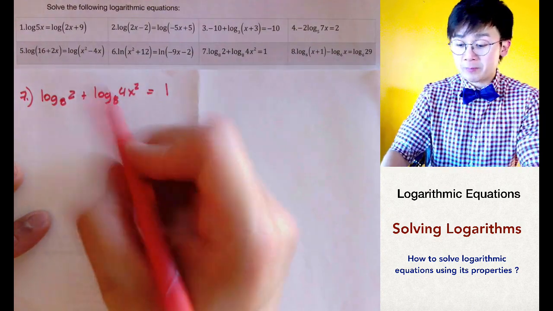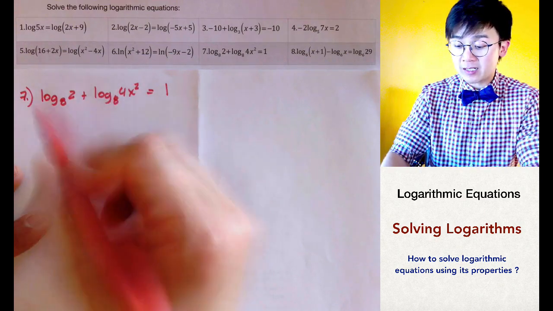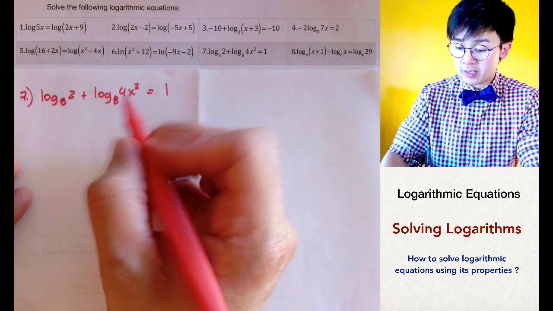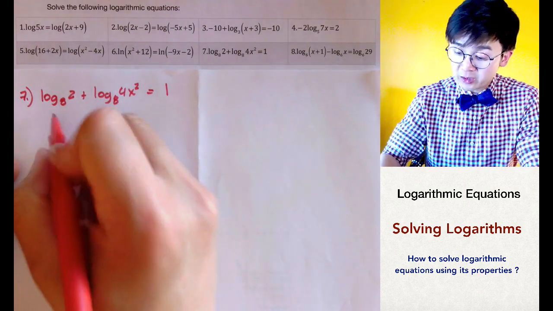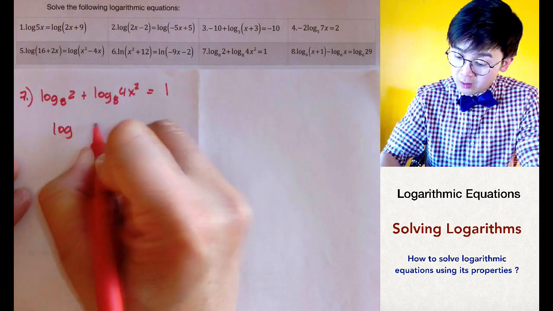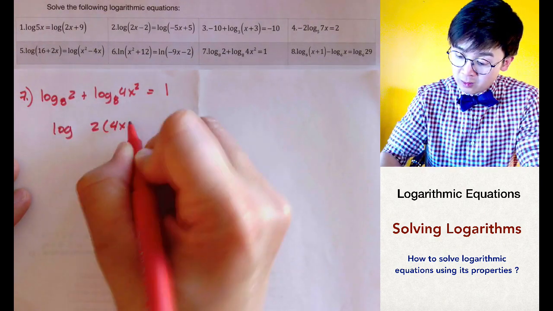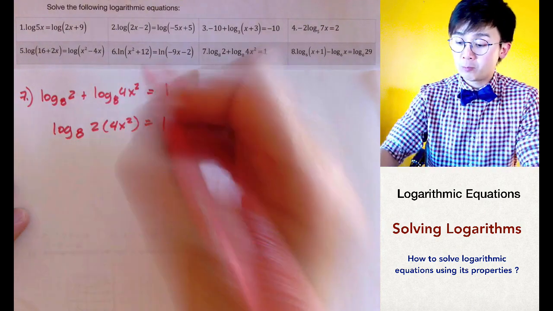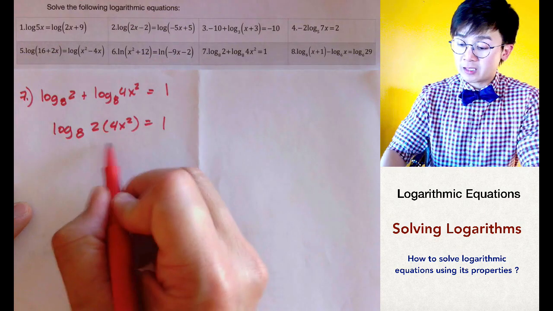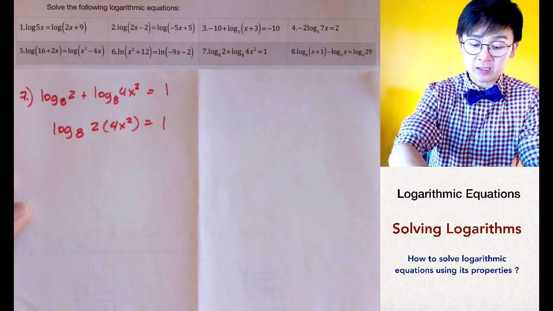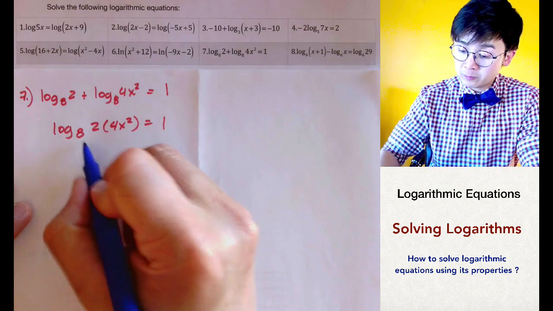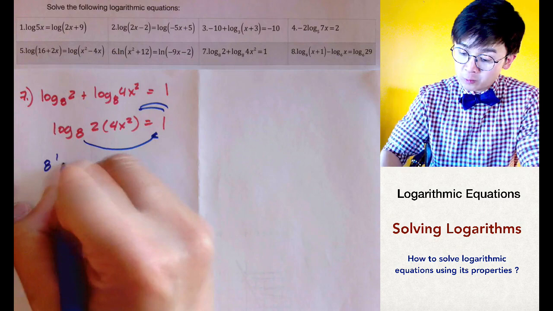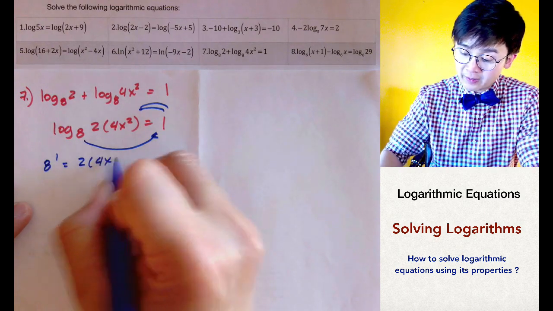And since hindi natin pwede i-cancel si logarithm kasi parehas siyang nasa left side ng equation, pwede lang natin siyang i-condense into a single logarithm using the product property.